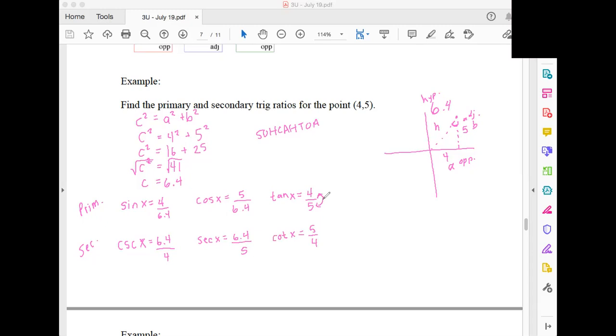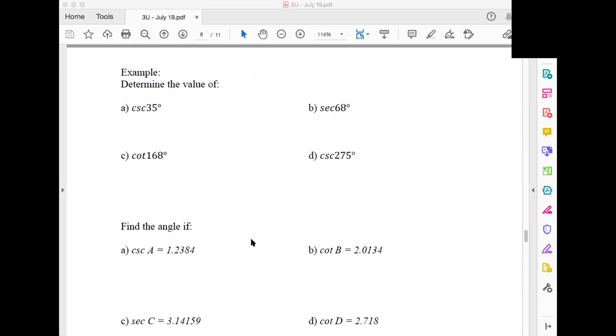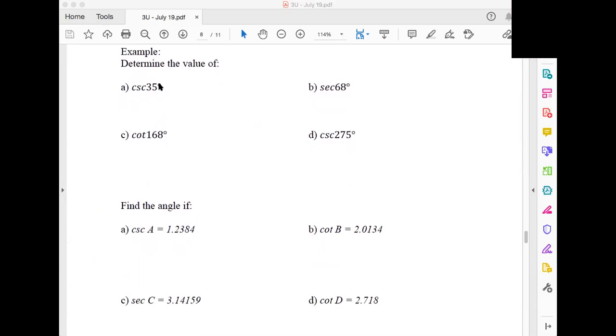We're going to move forward to a few more examples, so I'm clearing this. Okay, so determine the value of cosecant 35 degrees.